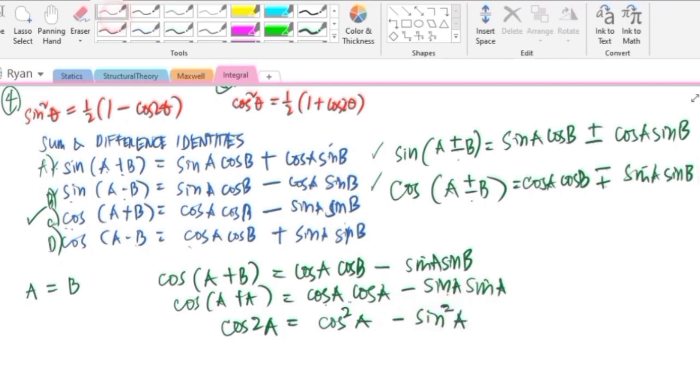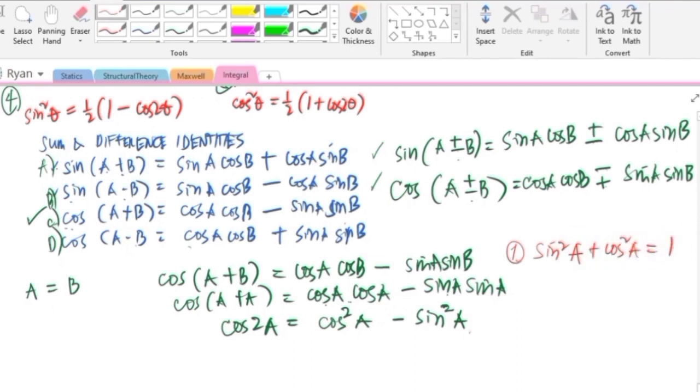Now, if we are going to review our Pythagorean identity, so that's formula number 1. Okay, so dito gagamitin ko yung angle A kasi angle A yung gamit natin. So, we have here sine squared of A plus cosine squared of A is equal to 1.